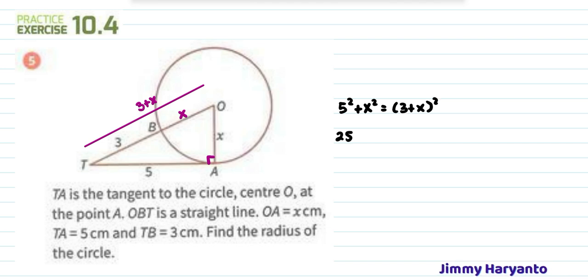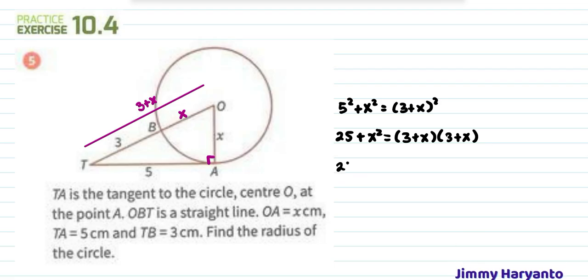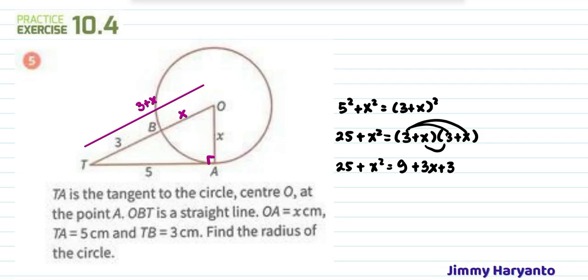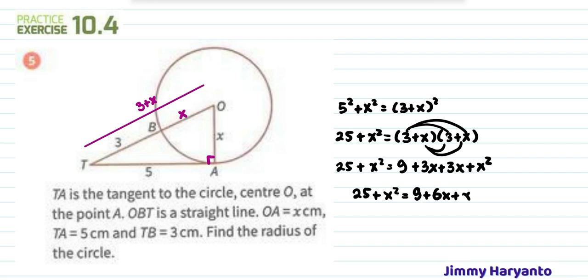Okay, so 25 plus x squared equals, you have to write it like this, and then you will do the expansion. You'll have 9, and then this one is plus 3x, this one is plus 3x, and that one is plus x squared. That means 25 plus x squared equals 9 plus 6x plus x squared.